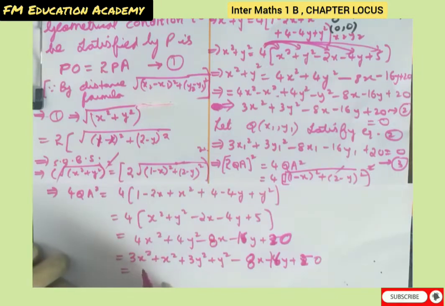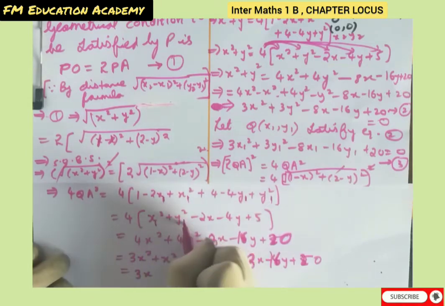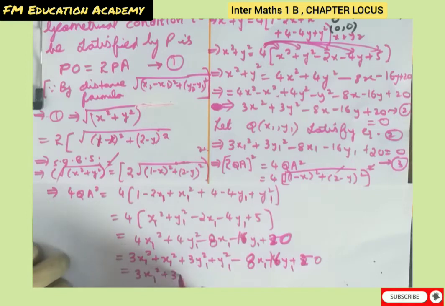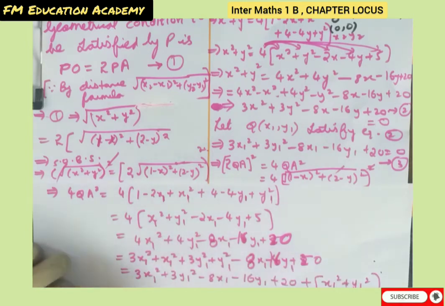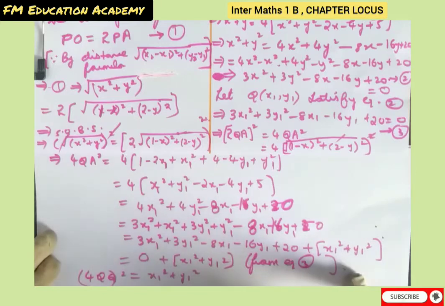So here we can write 3x1 square plus 3y1 square minus 8x1 minus 16y1 plus 20, plus x1 square plus y1 square, because these are Q. So this whole is nothing but 0 plus x1 square plus y1 square from equation 3.